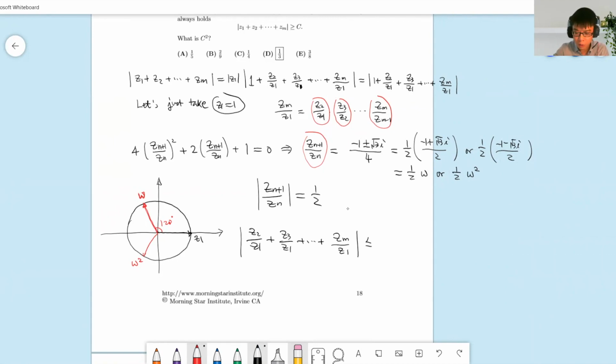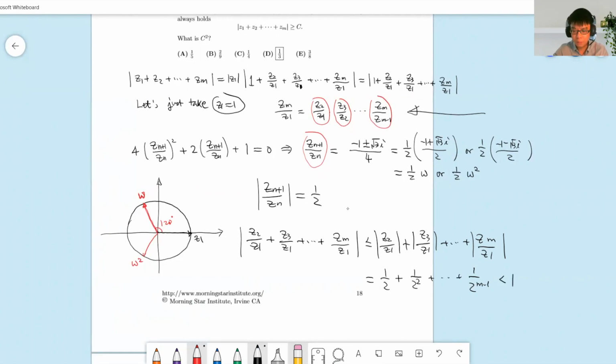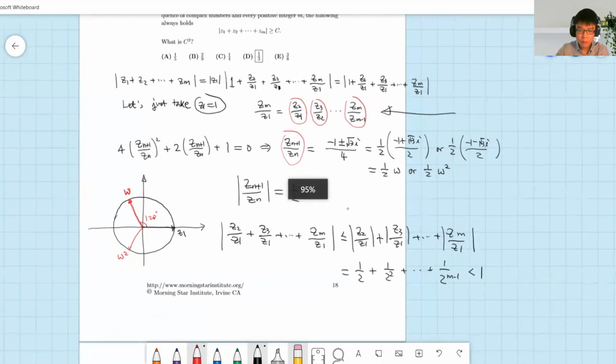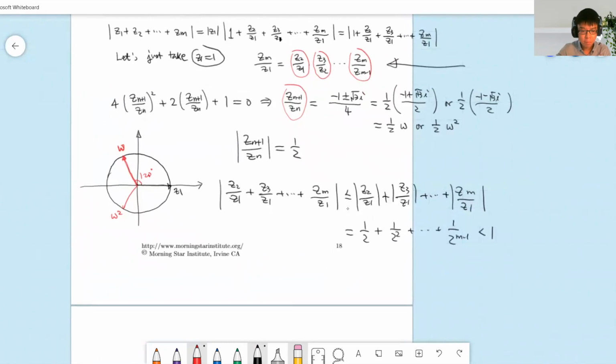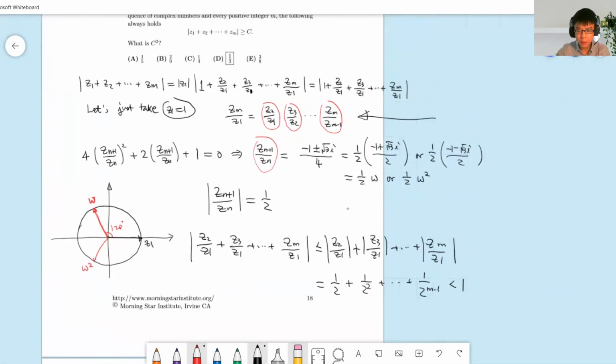The sum Z2 over Z1 plus Z3 over Z1 up to Zm over Z1, if we apply the modulus, is at most 1 over 2 plus 1 over 2 square, all the way to 1 over 2 to the m minus 1. And this is, of course, less than 1. So we have some picture of this problem. We try to minimize the later terms.